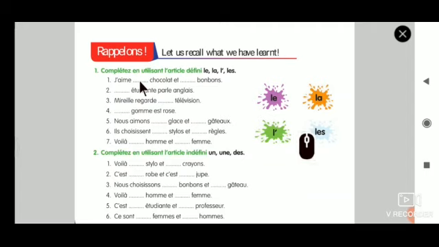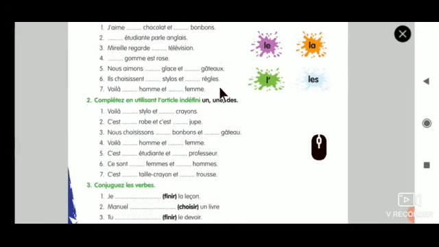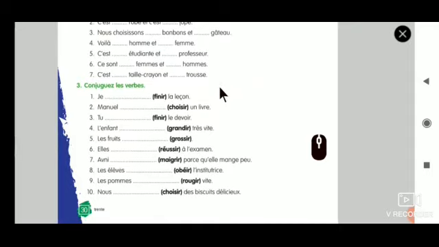So the best way to answer something which is unknown is just to read it 1 or 2 or 3 times. The more times you read, the better your revision, and at the same time you will be able to answer that exercise. So exercise number 1, 2, 3 you can learn from this lesson.